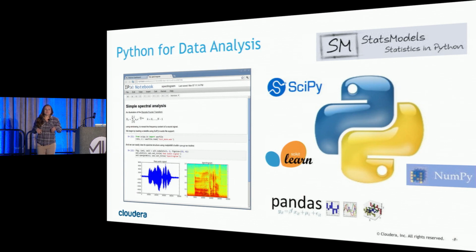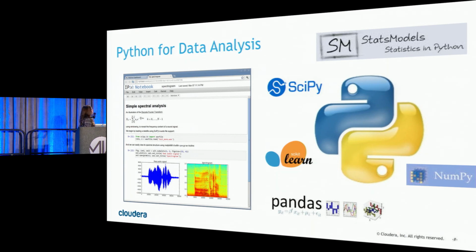We have scikit-learn for building models. We use statsmodels to fit statistical models. Under the hood, there's a lot of SciPy or NumPy. And of course, Pandas is in there somewhere, as well as Jupyter with their notebooks for visual exploration.